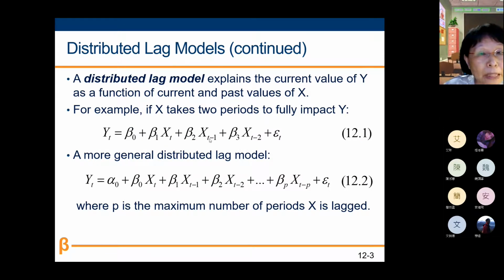If I have t minus 1 and t minus 2 of the same X, then the number of independent variables, K, increases by the number of lags.